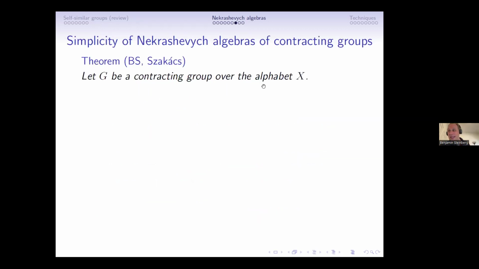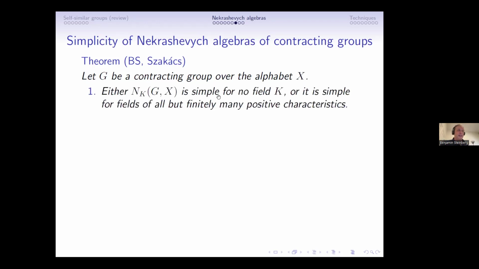Okay, so the first result that I guess I'll state by us is that if you have a contracting group over the alphabet A, then either the Nekrashevych algebra is simple for no field whatsoever, or it's simple for all fields except those of finitely many positive characteristics.